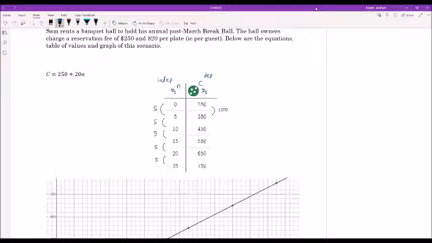So I could look at it and say, okay, well, I go from 250 to 350, that's a difference of 100. If I go from 350 to 450, that's a difference of 100. 450 to 550, that's a jump of 100. And 550 to 650, also a difference of 100, etc. Okay, so same thing all the way along.